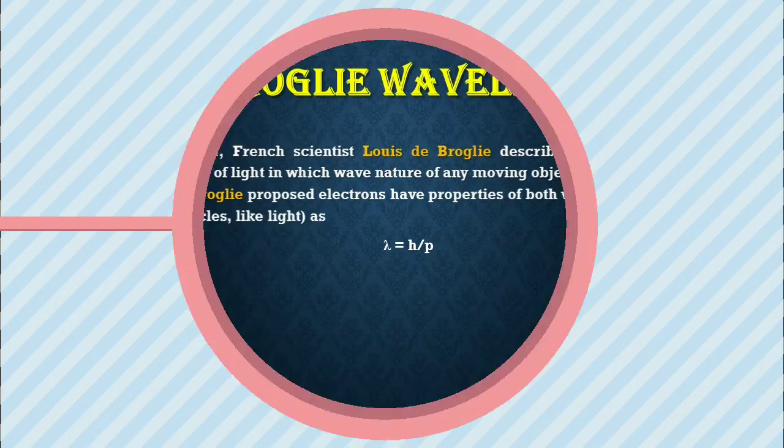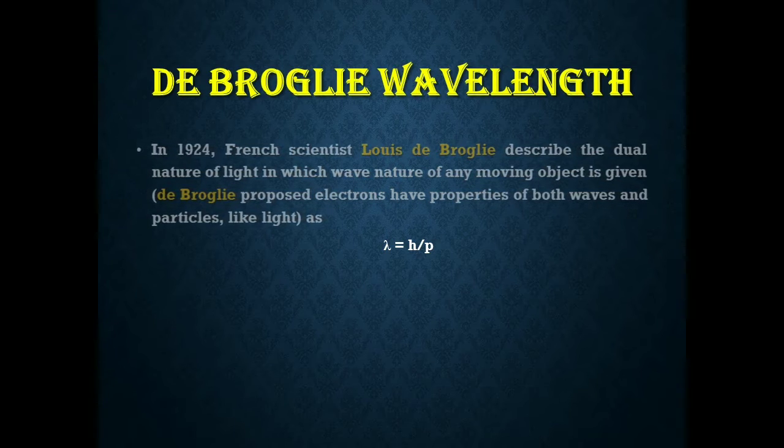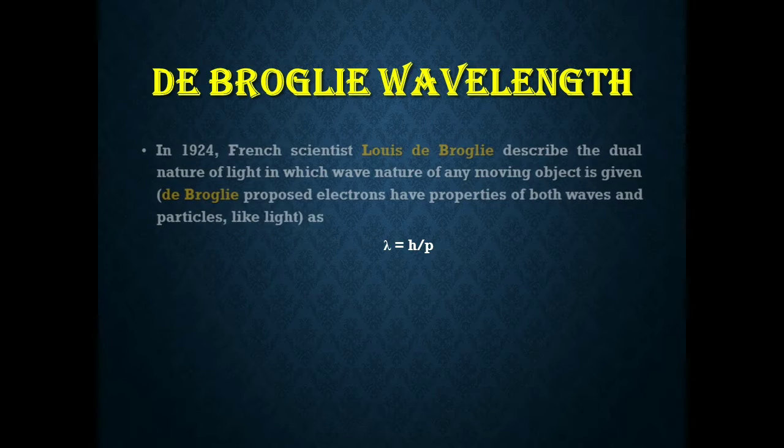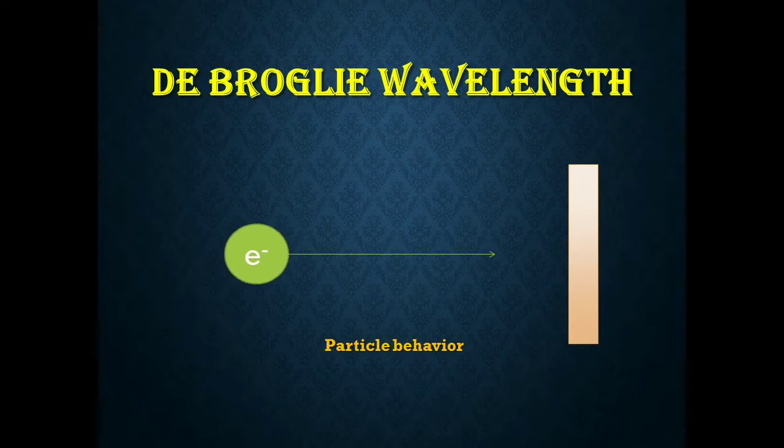On the basis of these concepts, de Broglie raised one question: what happens to matter when the matter is moving, or how does the matter behave? If light can show dual characteristics, that means matter may show dual characteristics, because nature loves symmetry and symmetry loves nature. He raised one query: what happens if an elementary particle is moving?